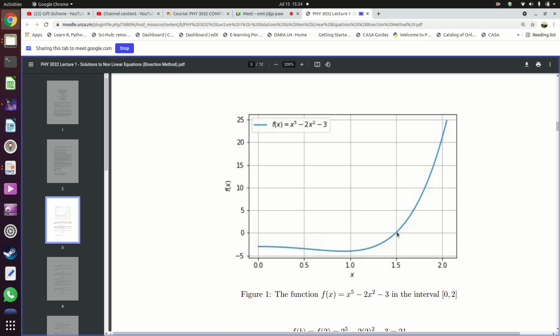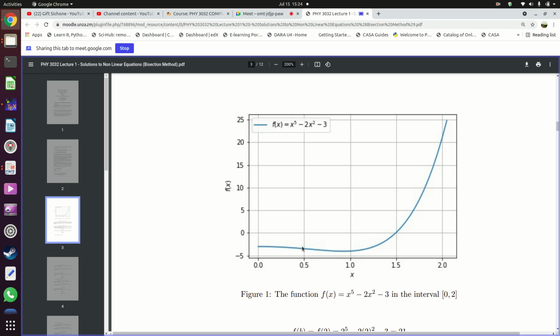So, how do you know that the function actually has a solution in this interval? Well, I've just said it, where it cuts the x-axis. Now, what is happening when a function cuts the x-axis? Like in this case, you can see before we reach where it cuts the x-axis here, f of x is negative at 0, at 0.5, at 1.